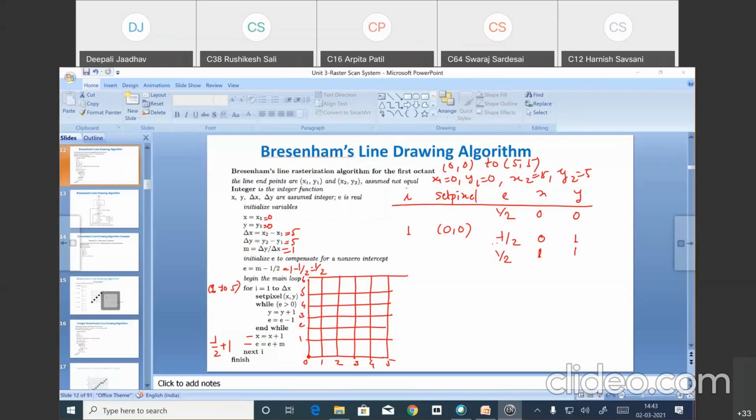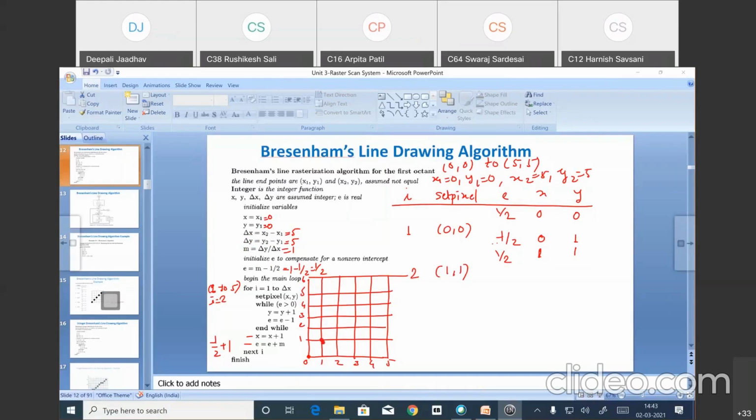Now, next i. Increase the value of i by 1, so i becomes 2 here. Check next: set pixel x comma y. What is x comma y here? 1, 1. i becomes 2. Set pixel 1, 1. Next, check the value of E, whether it is greater than 0.